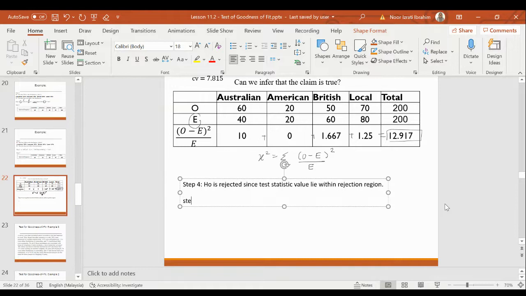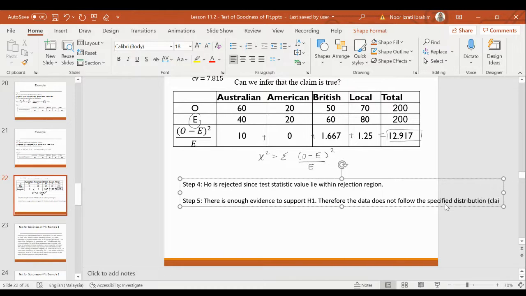Step 5, the conclusion: there is enough evidence to support H1, therefore the data does not follow the specified distribution.